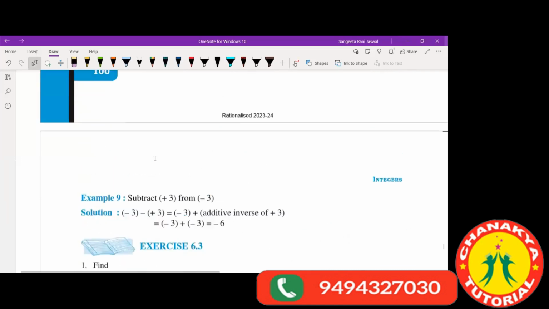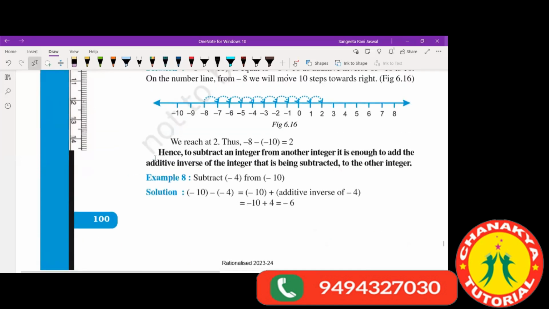Okay, I'm coming to this. Let's do this example. Subtract -4 from -10. Whenever we are given some number, this number from this number, that means this number has to be written in front. So -10 here, and this number we have to subtract from -10.